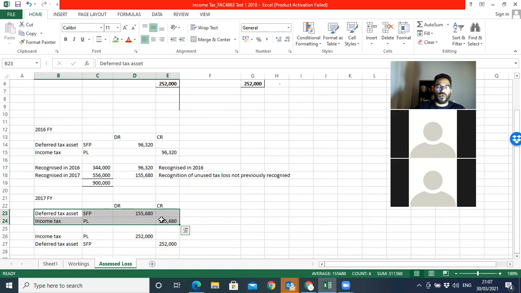So when you say profit before tax multiplied by 28%, you are never going to capture this 155,000, because it goes directly into the income tax line item. The income tax line item would have this unused tax loss, whereas profit before tax would never have that. That causes a permanent difference, and hence you will have to have it as a reconciling item.